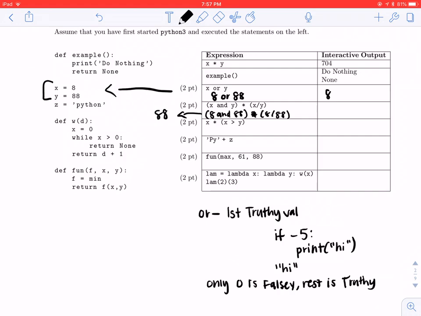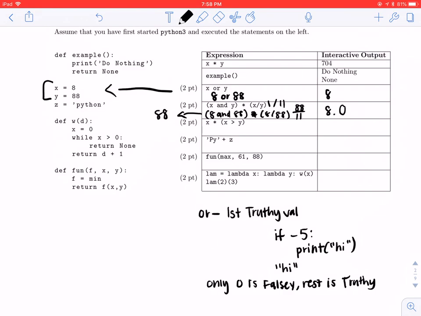Alright, now we have 8 divided by 88, which simplified is 1 over 11. Now we have 88 divided by 11. We know that is 8, but one small thing is that you have to add on 0.0. Whenever you do any kind of division, it's going to add on a decimal.